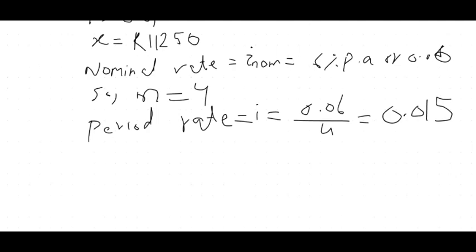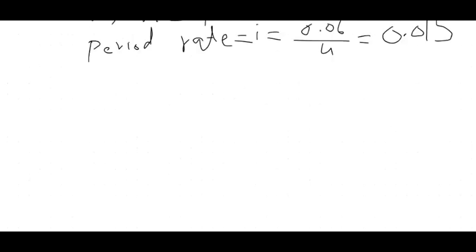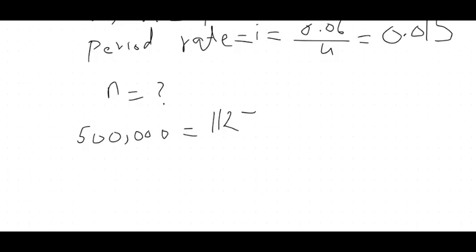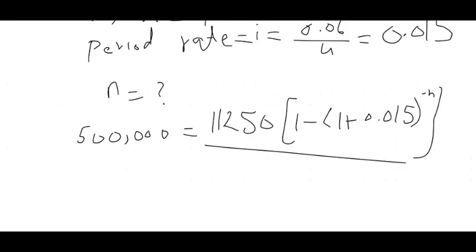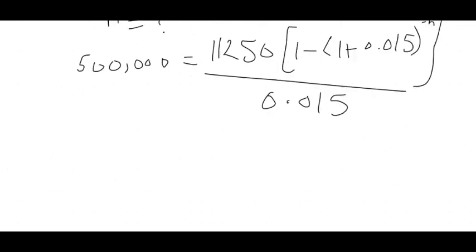Now I take the formula and substitute all the values: 500,000 equals 11,250 times 1 minus (1 plus 0.015) power of minus n, divided by 0.015.